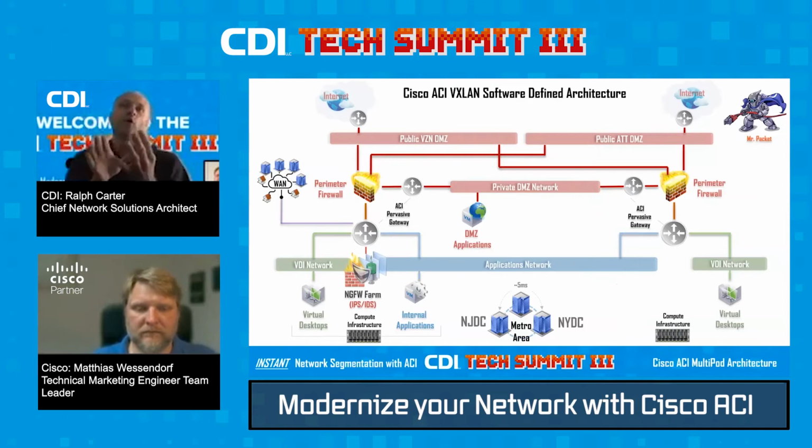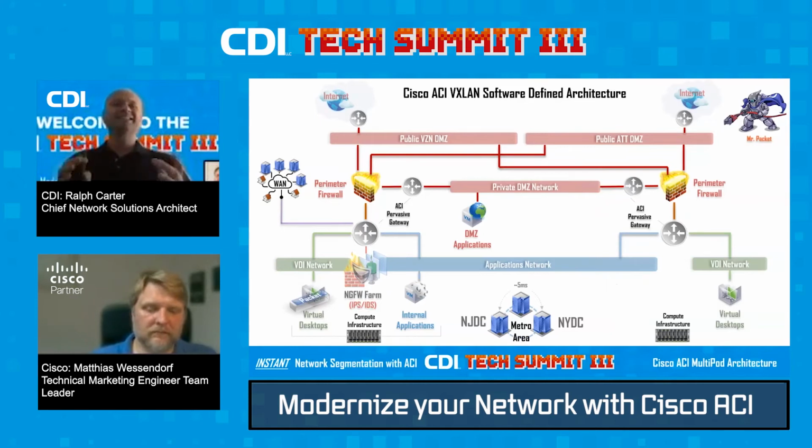So basically, we can take one firewall or IPS/IDS device or a farm of them, whether they're virtual or physical, and connect them on a different subnet into the ACI fabric. And technically, what happens here, I'm going to take Mr. Packet out. If the virtual desktop wants to communicate with the internal application, let's say we just migrated you from your traditional data center into an ACI fabric.